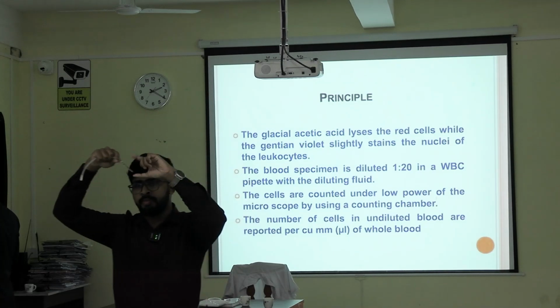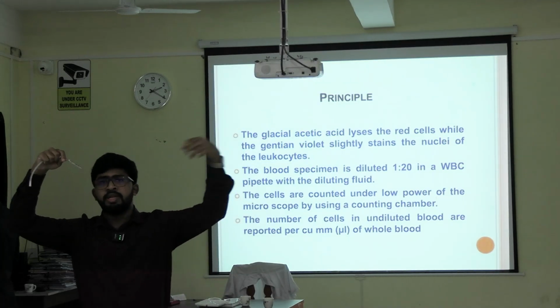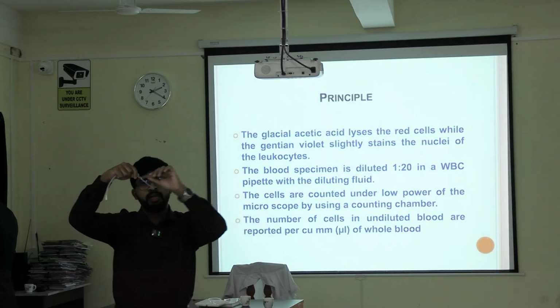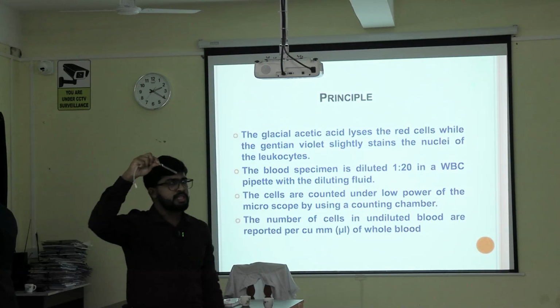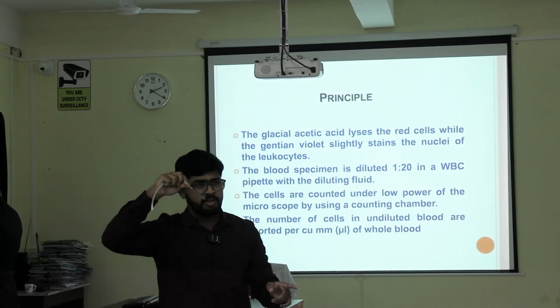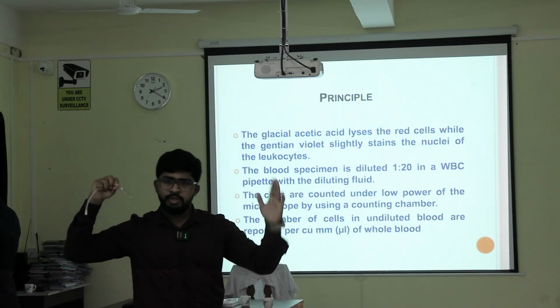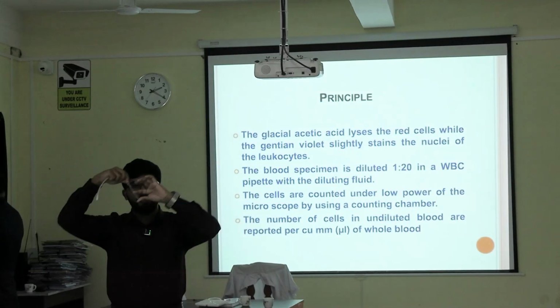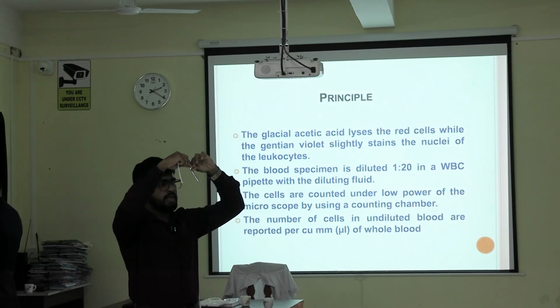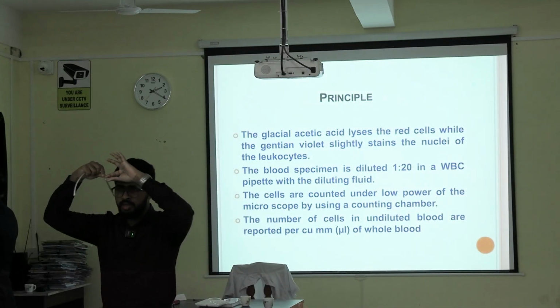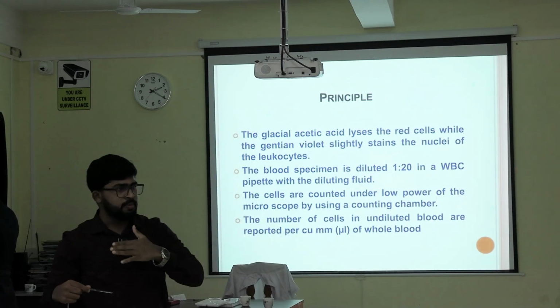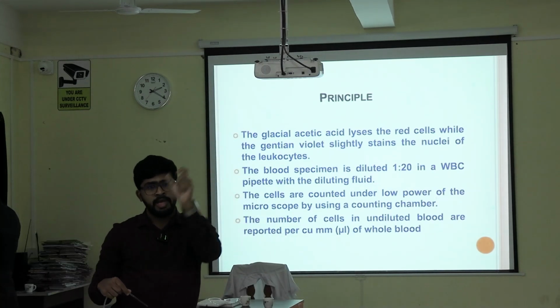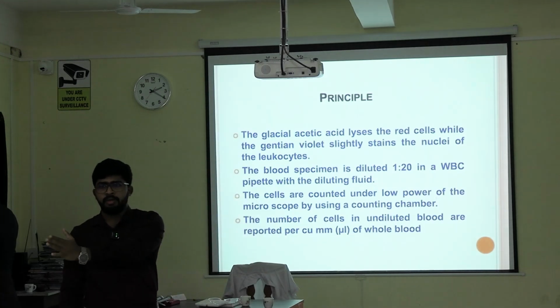And what you do before charging, discard 2 to 3 drops, so that you discard the unmixed fluid from the pipette before charging. So this 0.5 part of the blood is mixing with 10 parts of the fluid, and hence the dilution factor comes to 0.5:10 or 1:20.